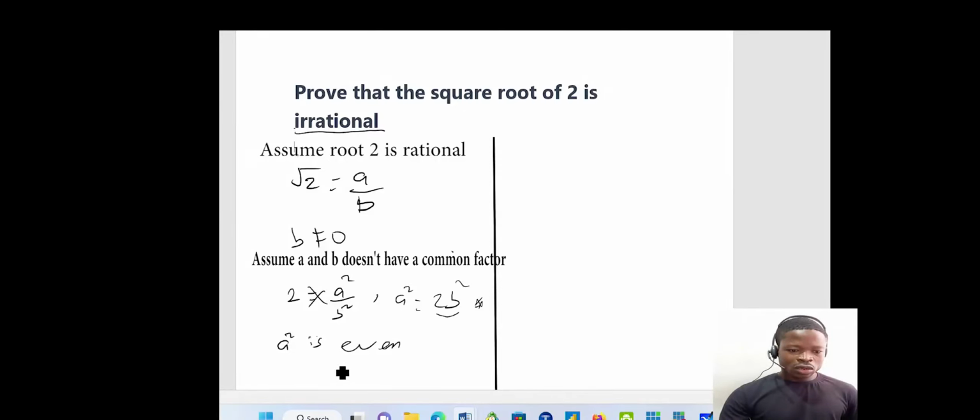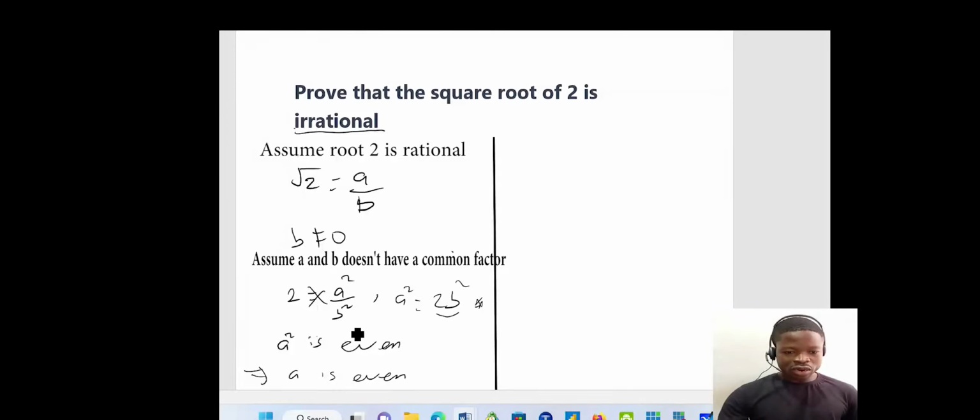And you also agree with me that if a squared is even, definitely a is even. Let's take an example: a squared equals 4. Of course, 4 is an even number. Since 4 is even and a squared equals 4, it implies that a equals 2, which is also even.